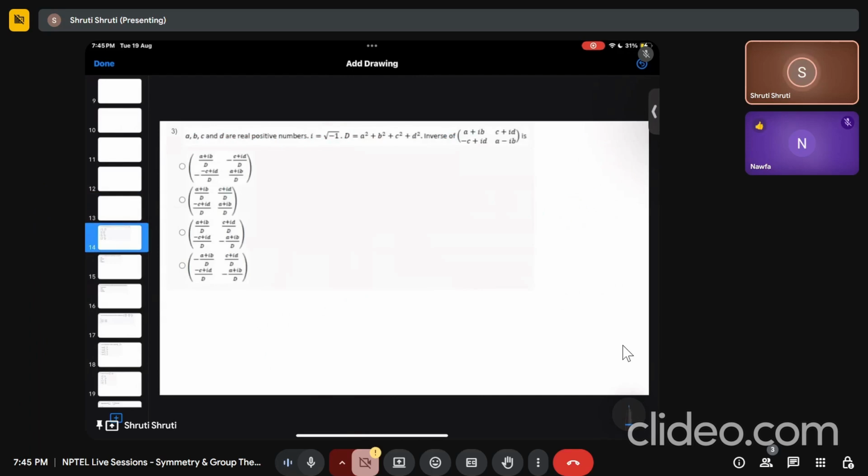Now A, B, C and D are real positive numbers, with determinant A squared plus B squared plus C squared plus D squared, and you have to find the inverse of this matrix.